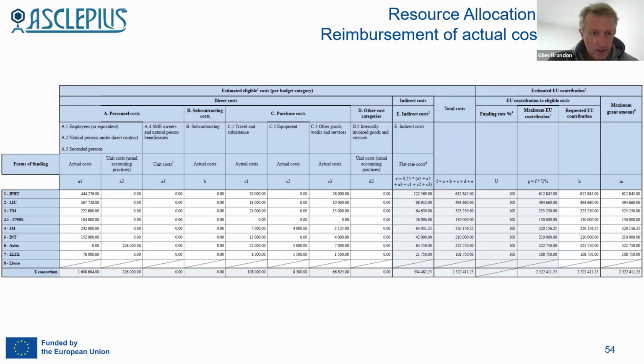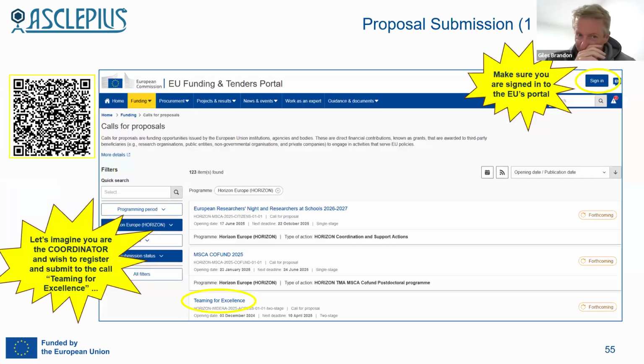The budget is shown for the different cost categories: personnel costs, subcontracting, purchase costs, etc. And then it's shown how much for each of the different partners. So this is the budget for my project on quantum reservoir computing, called QRC for ESP.